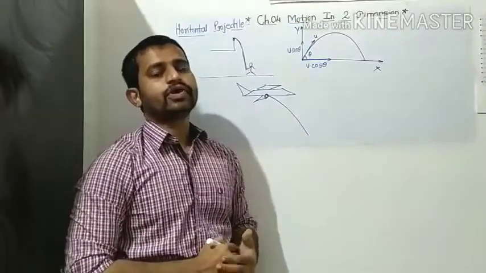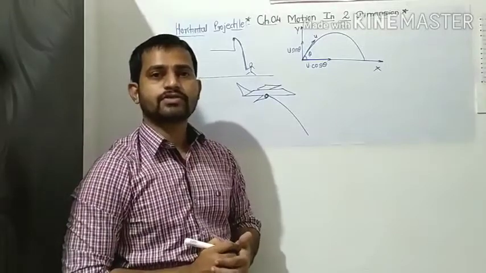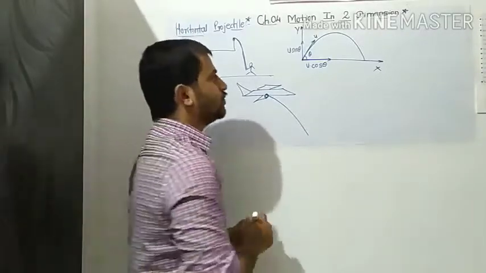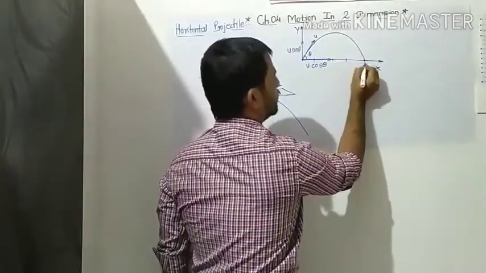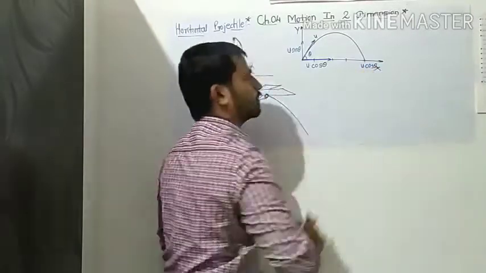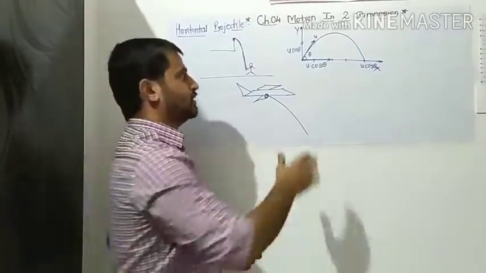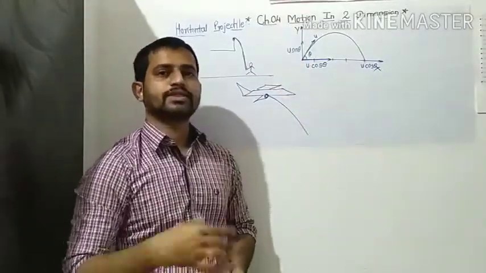But the x component remains constant throughout the projectile motion. You can consider the x component at this location, this location, or this location, it remains u cos theta, and only the component u sin theta changes.